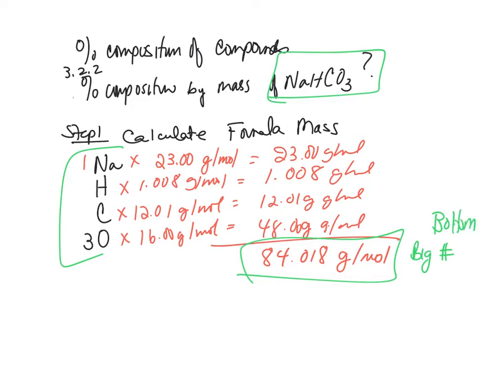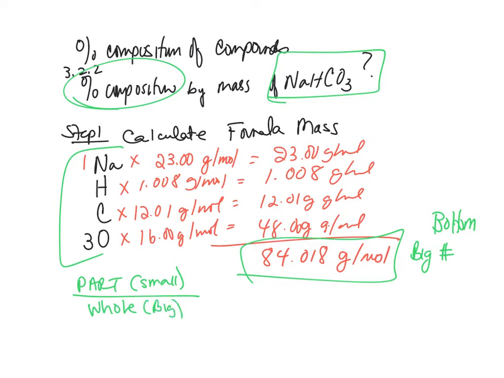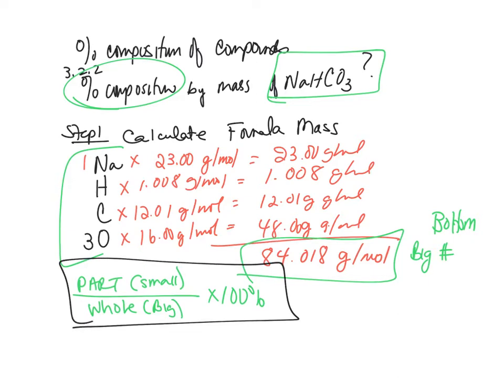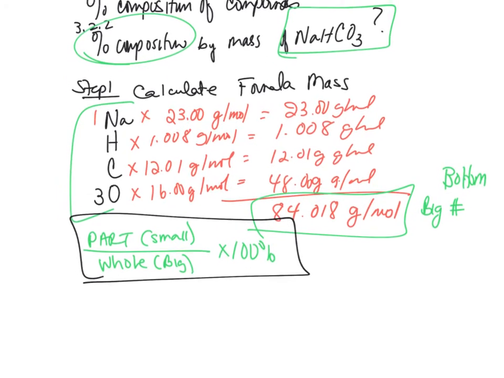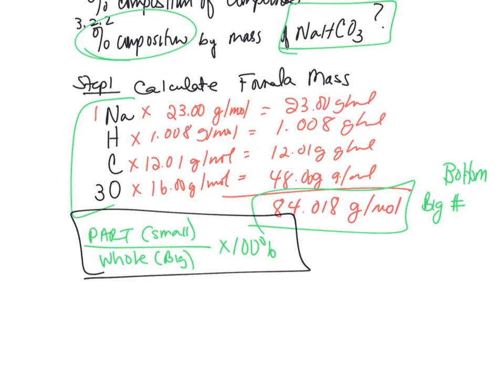So when we want percent composition, we want the part, so this is the small, over the whole. Okay, and that's going to be the big, and then you multiply by 100%. And so that's how you do percent composition. So if you want sodium, then you take the mass of the sodium.